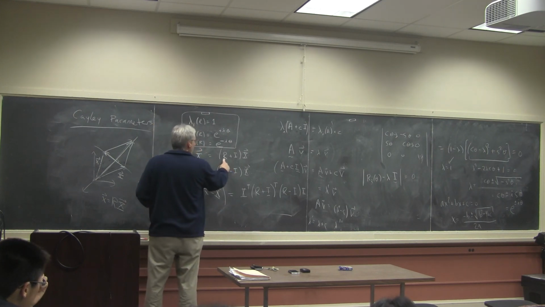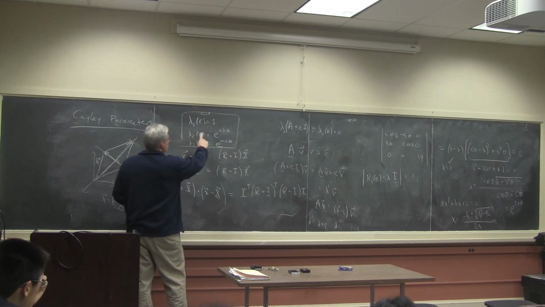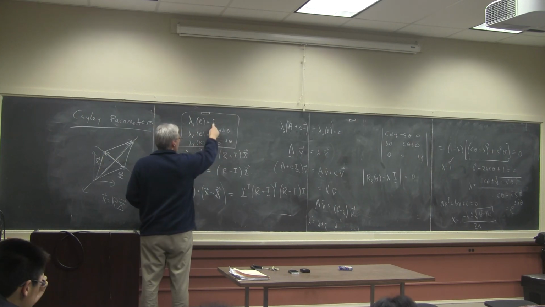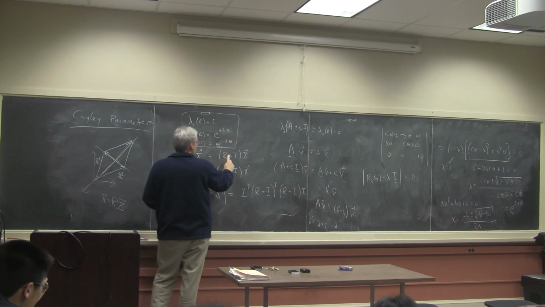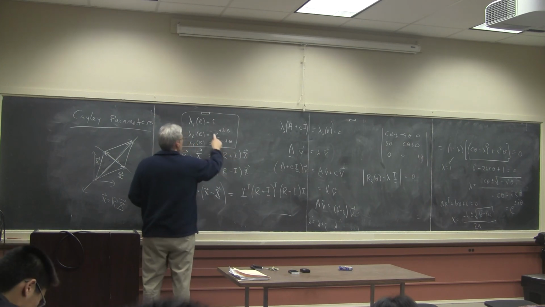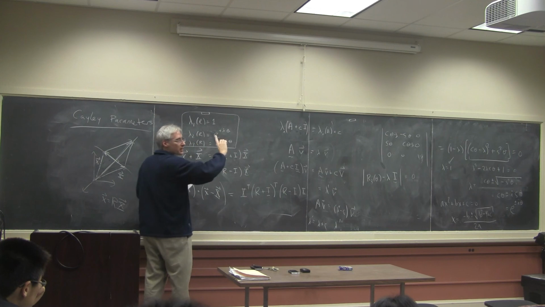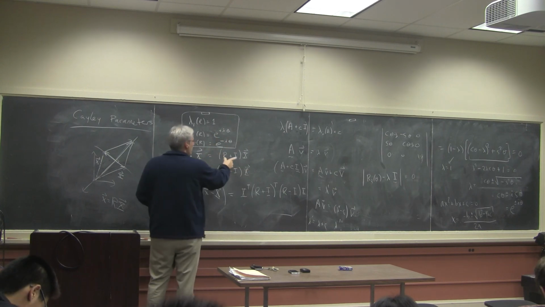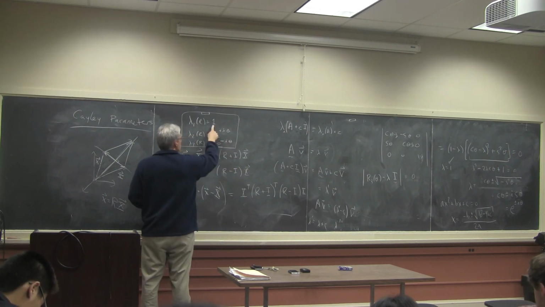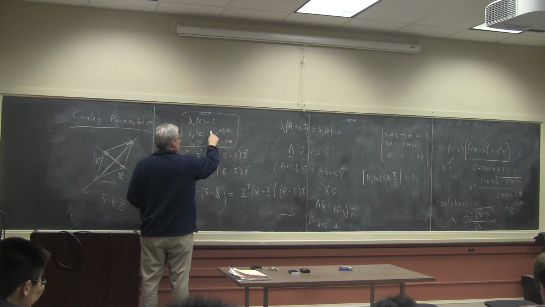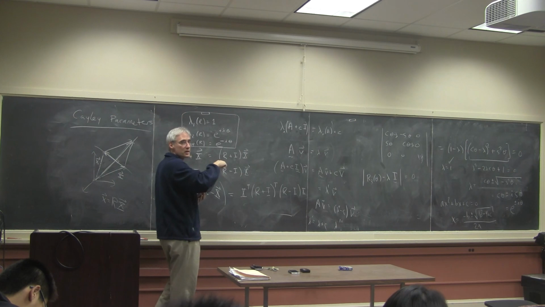Well, here we have R plus the identity. I know what the eigenvalues of R are. They're all these three. So the eigenvalues of R plus the identity will just shift all of these by the number 1. So the one eigenvalue of this is going to be 2. Another eigenvalue is going to be 1 plus this. And the third eigenvalue is going to be 1 plus this.